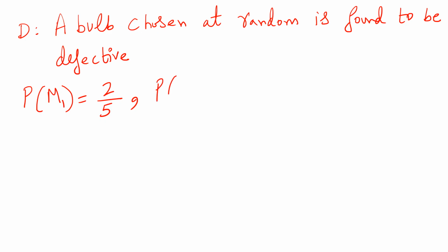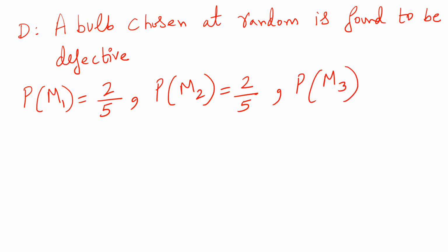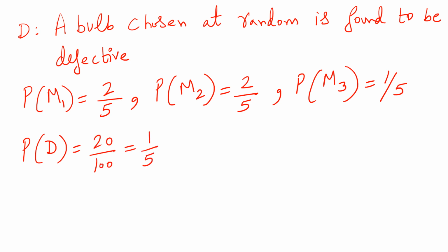Similarly, probability of M2 is equal to 2/5 and probability of M3 is equal to 1/5. And then we are given that 20% of the bulbs produced by this factory are defective. So that means probability of D is equal to 20/100, which is further equal to 1/5.